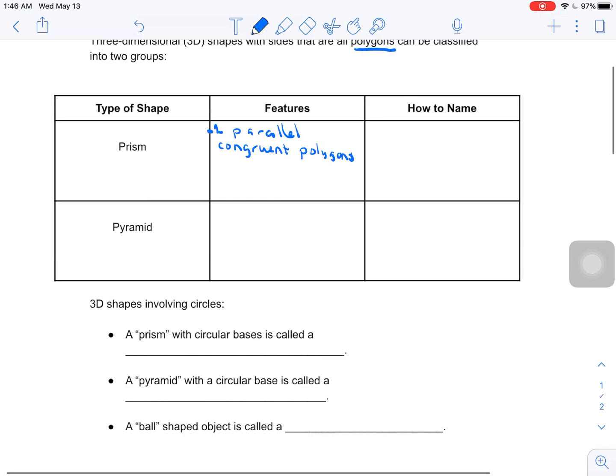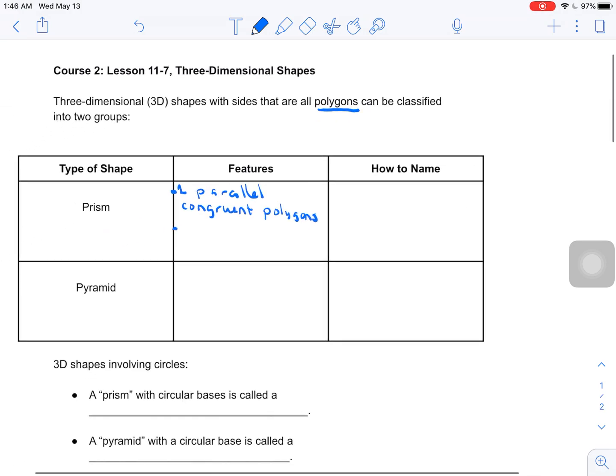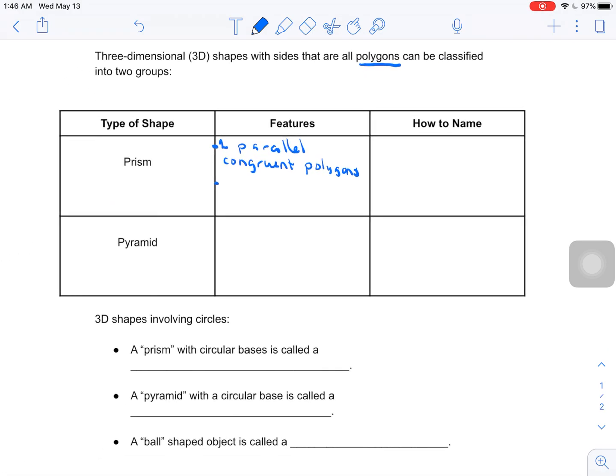So that will make up two of the faces or the sides of the shape. And then the remaining sides are all going to be rectangles. So all of the sides that are running between those two parallel sides are rectangles.